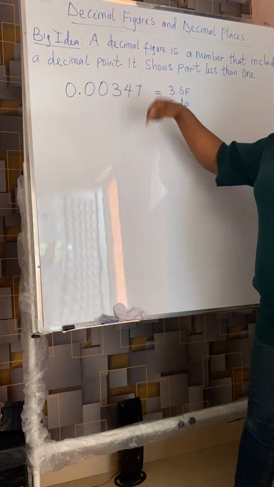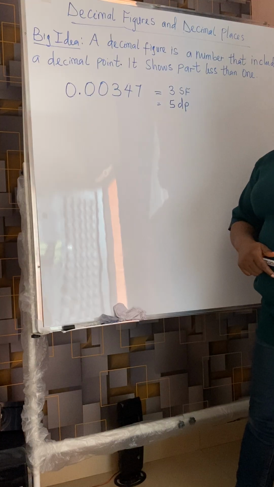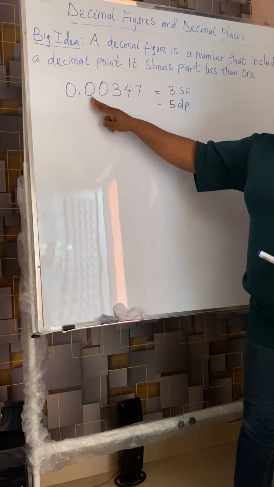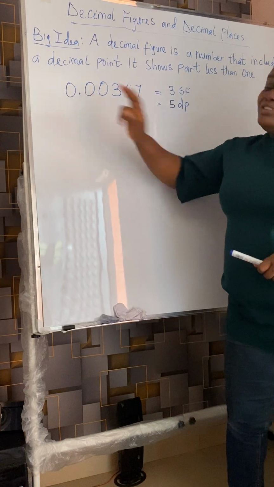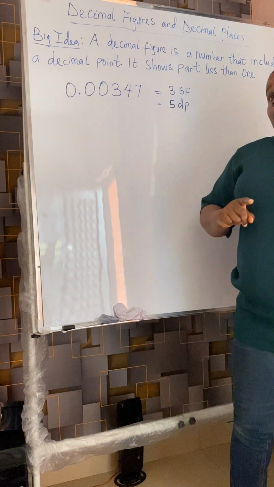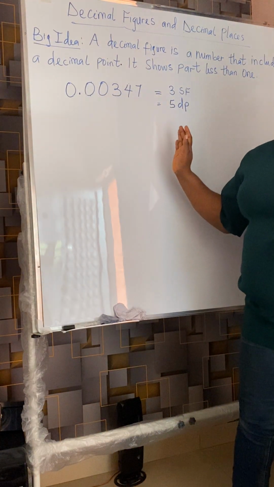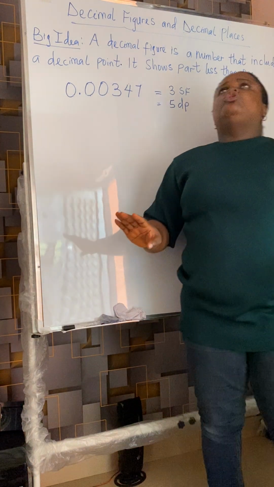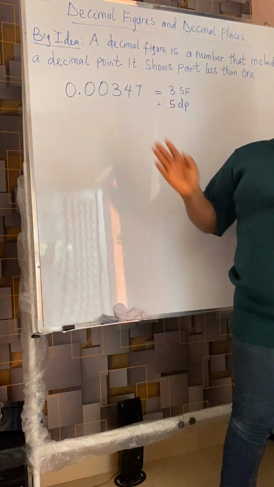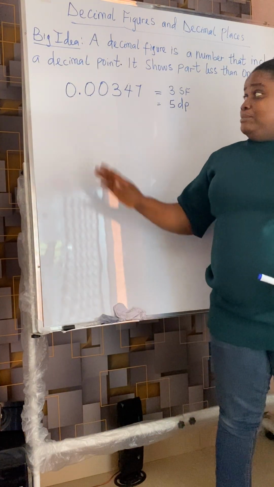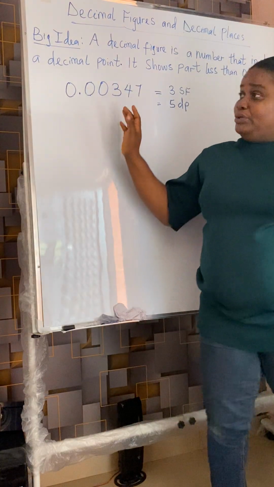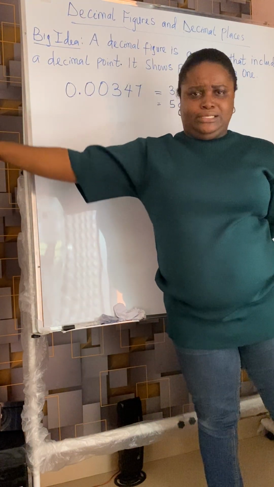But what I want us to do with this is to learn the name we give to each of the positions after the decimal point. Remember, we're talking about after the decimal point, because the focus is decimal numbers. What happens after the decimal point is not the same as what happens before it. Before the decimal point, we have integers, whole numbers.